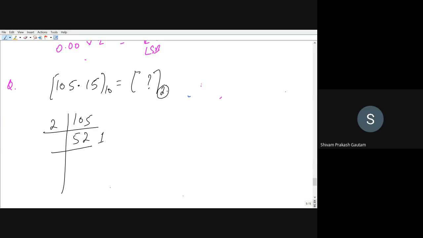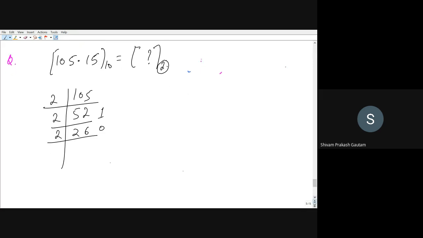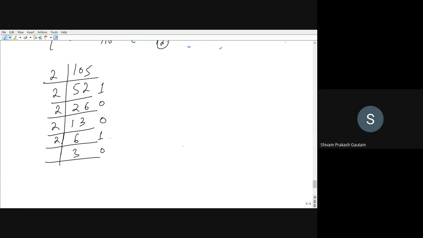So 105 divided by 2 gives 52, remainder 1. Again divisible by 2, this will be 26, remainder is 0. Again divisible by 2, this will be 13, remainder is 0. Then 2 sixes, 6, remainder is 1. Then 3, remainder is 0. Then divisible by 2, it will be 1, and remainder will be 1.